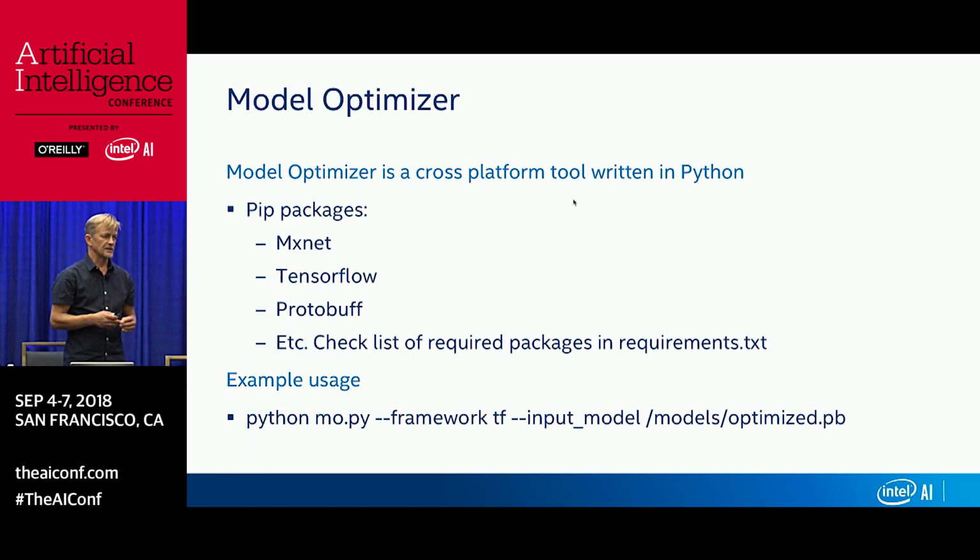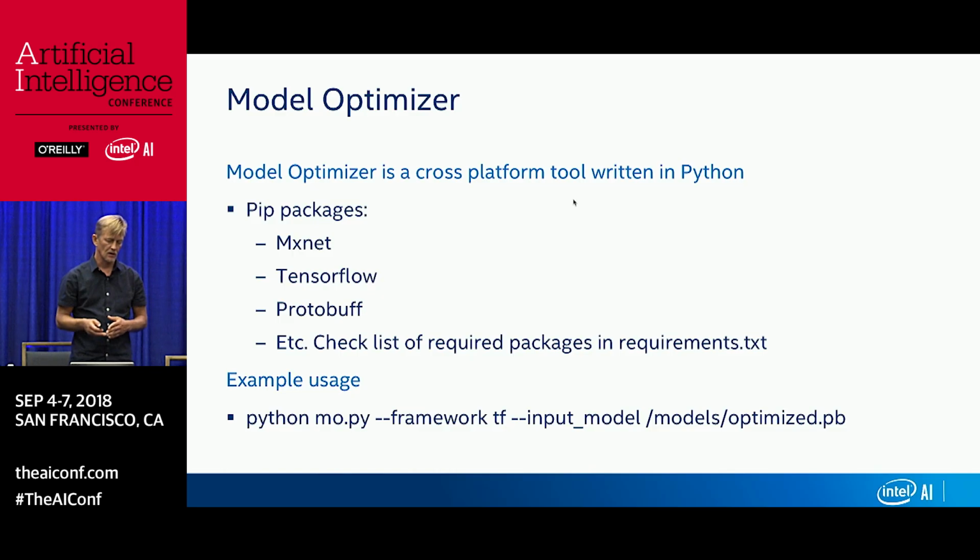The model optimizer itself is written in Python, so this is a cross-platform tool. It has only dependencies on pip packages, depending on which framework you are going to use to convert the model. So for MXNet, it will depend on the pip package for MXNet, TensorFlow, protobuf for Caffe, and so on. You can check the list of full requirements in the requirements.txt file. And the simple usage is like this.